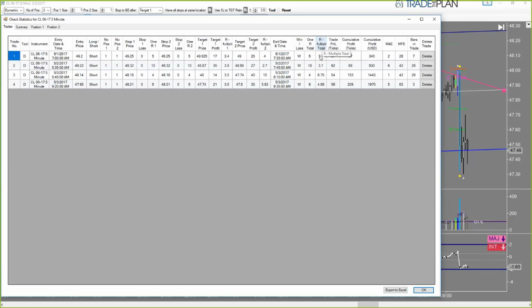Your realized R, which is how much reward you got versus how much you risked on the trade. And then your maximum adverse excursion and your maximum favorable excursion, which then give you your entry and exit efficiency.